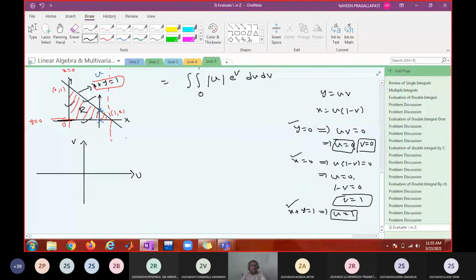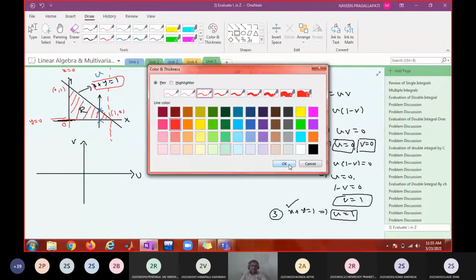So this is the first boundary, second boundary, and the third boundary. These three boundary images turn out to be 4 lines in the UV plane, like this.